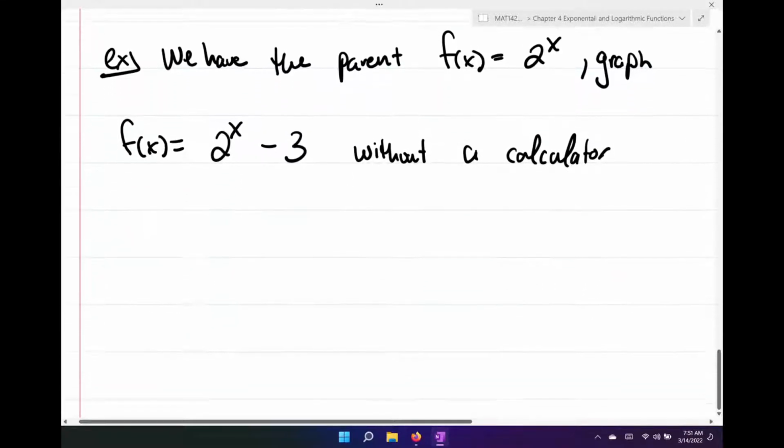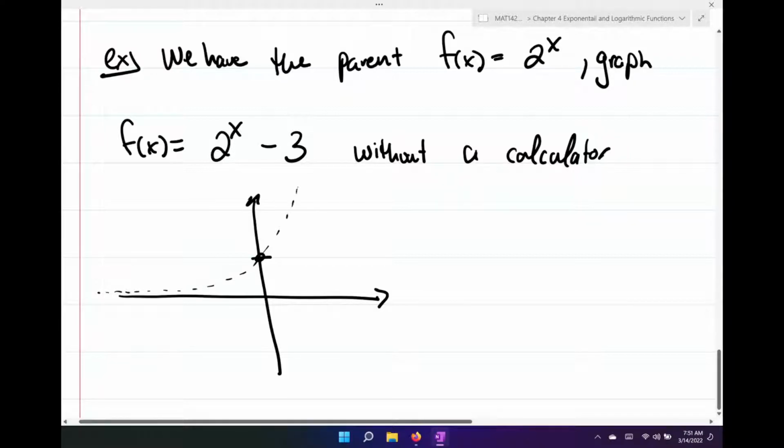Well, remember, you got your parent function, which is 2 to the x. Now, I'm going to draw this in a dashed line just so we know the difference. So here's our parent function right here.